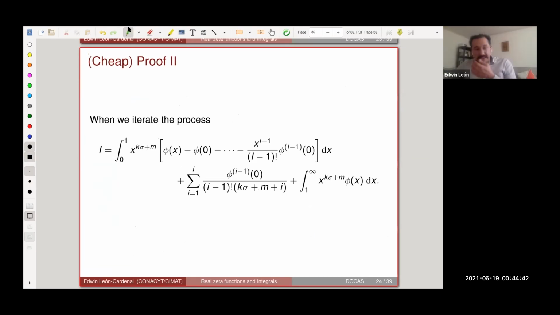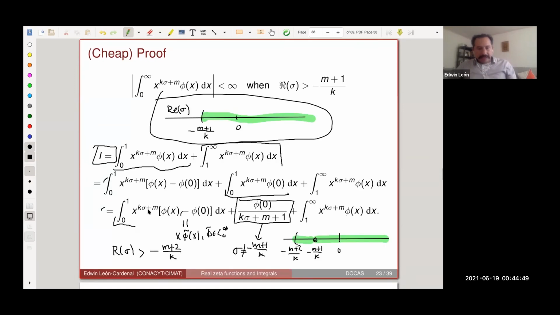Okay, so we can iterate this process, and by iterating this process, I mean this integral, let's use another color.